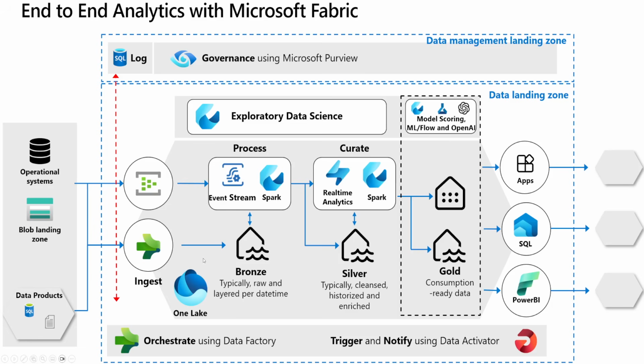We then land data in a bronze zone. We can then forward process using real-time analytics to publish forward, or curate forward, right? And then we can use Spark workloads or DML language to build up data warehouses or lakehouse SQL endpoint or lakehouses.